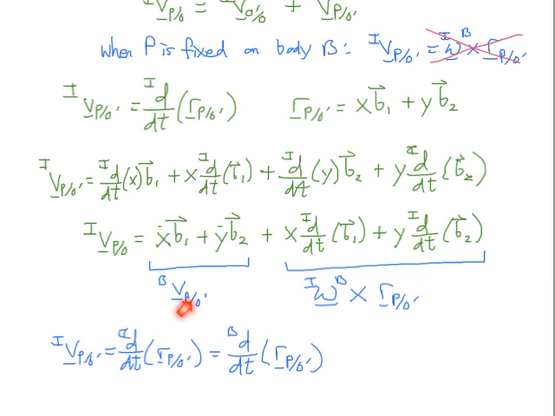And so that's our velocity of p with respect to O prime as observed in B, and that's the general expression for that. And then we're going to add to that omega b as observed in the inertial reference frame crossed with the position vector p with respect to O prime.